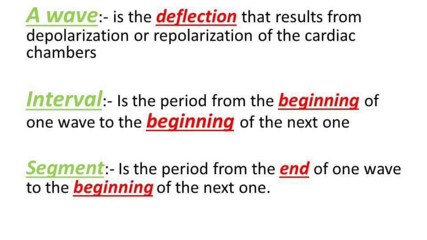The interval is the period from the beginning of one wave to the beginning of the next one. A segment is the interval from the end of one wave to the beginning of the next one, and we will see what that means in the next slide.